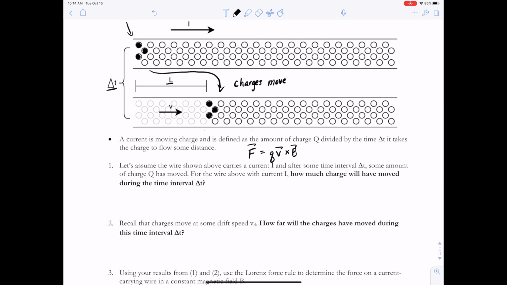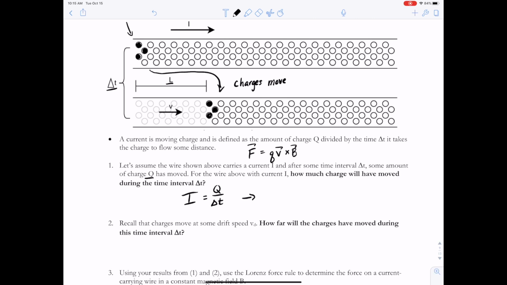Our first step in doing that is seeing if we can rewrite the charge. So remember, by definition, current is defined as charge per time. And for us, we're told that some amount of charge Q in our wire has moved, and our time interval again is delta t. In a minute, you'll want to solve this equation for Q.